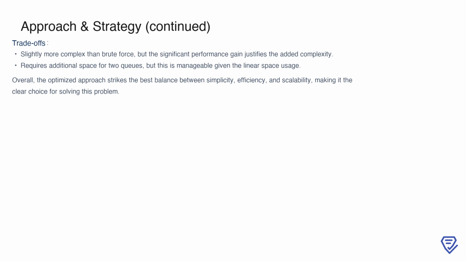The use of two queues provides a clear and structured way to handle the competition process without redundant operations. Overall, this approach strikes an excellent balance between simplicity, efficiency, and scalability, making it the ideal solution for this problem. By focusing on the indices and maintaining the circular competition structure, it ensures both accuracy and performance, solidifying its position as the best strategy to adopt.